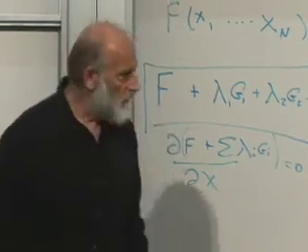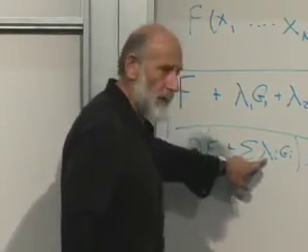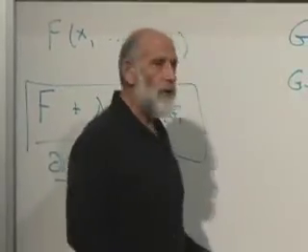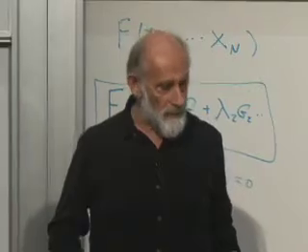Solve it, and then choose all of the lambdas. How many lambdas do you have? One for each constraint. Choose all of the lambdas so that all the constraints are satisfied.